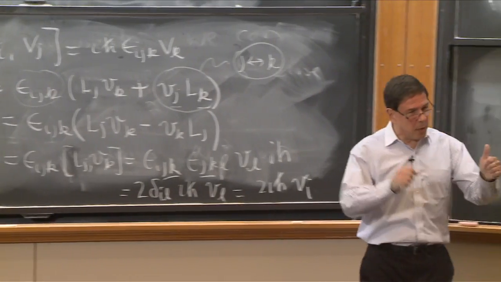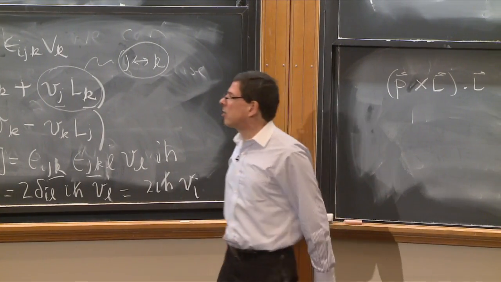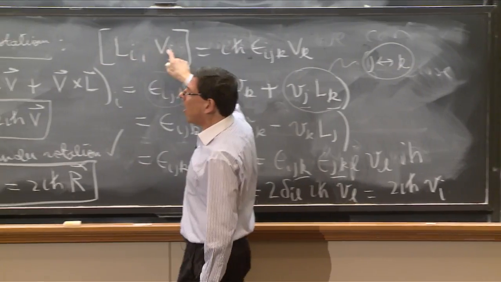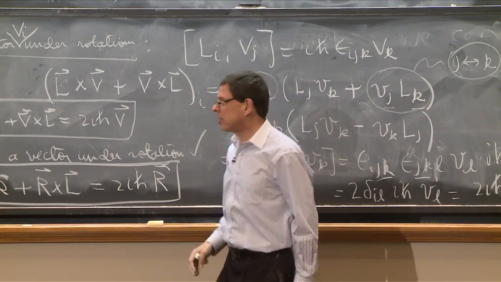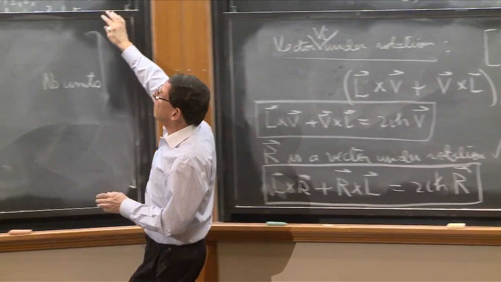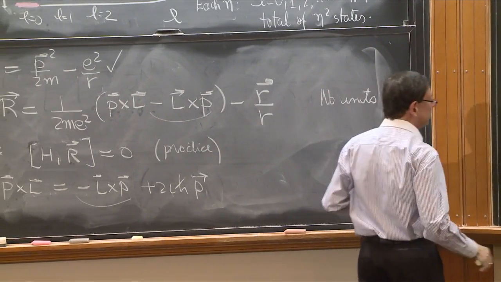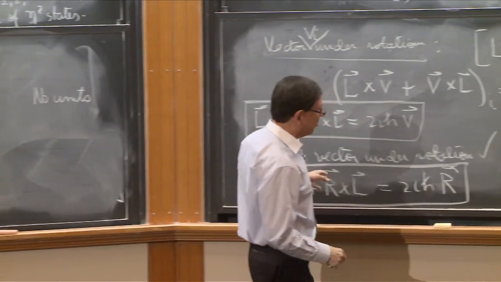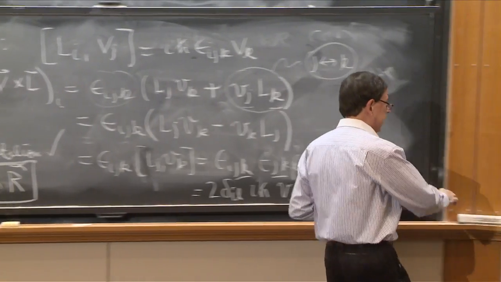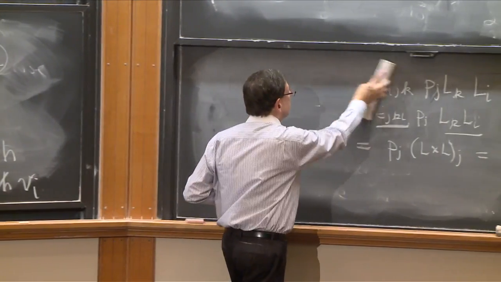And that means that we now know the commutation relations between L and R. So we're starting to put together this picture in which we get familiar with R and all the commutators that are possible. So I can summarize it here.